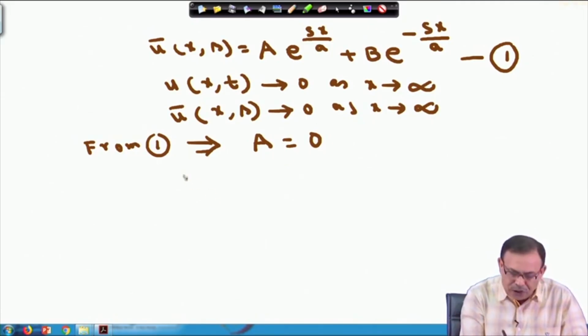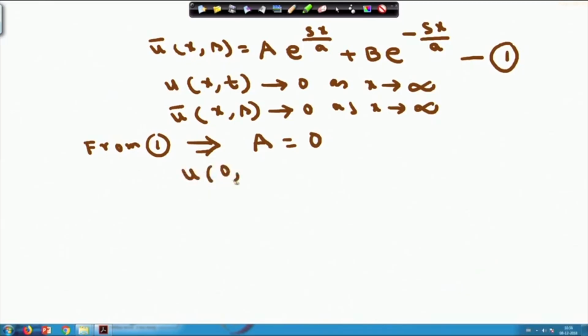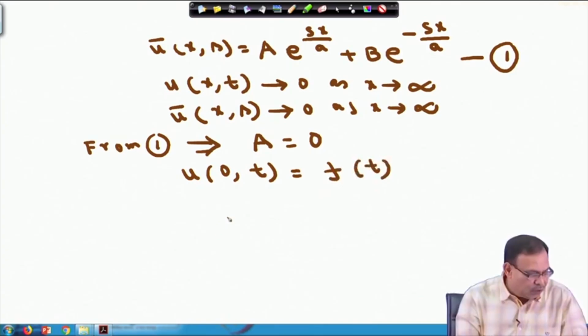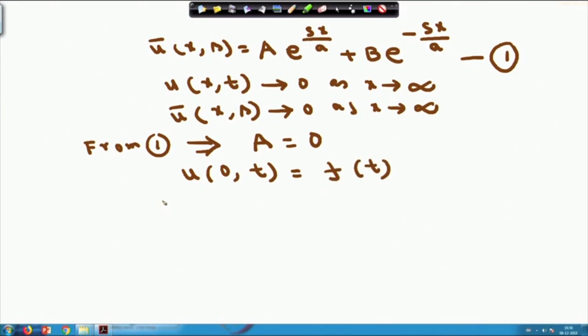The second condition given to us is u 0 t equals f t. If I take Laplace transform on both sides with respect to t, then I will obtain on the left hand side u bar 0 s.